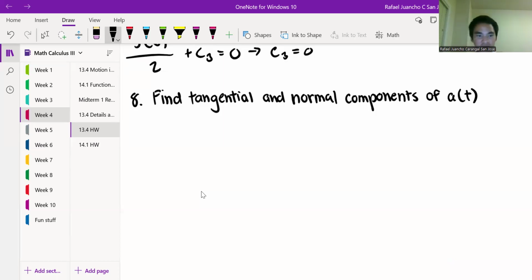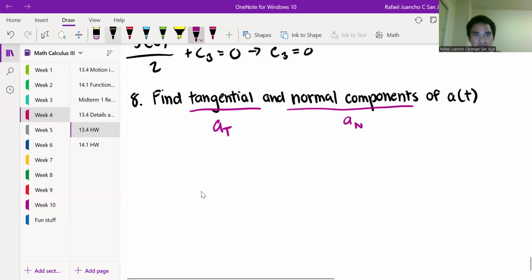So I'm just going to say A of t, A sub t, and A sub n. So this is me just highlighting what the problem's asking me to do.